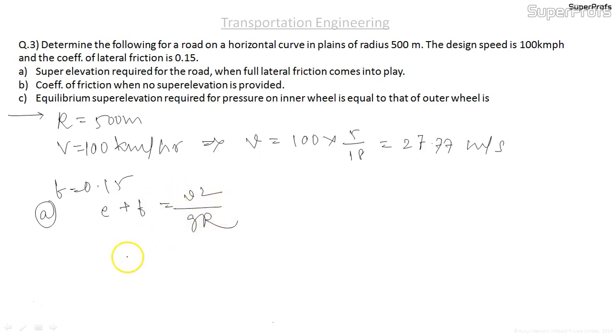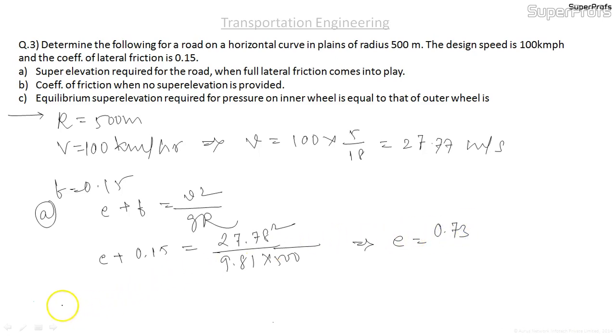As per the question, e plus 0.15 equals 27.78 square upon 9.81 into radius 500. That gives e equal to 0.73 into 10 to the power minus 2, that is equal to 0.73%.